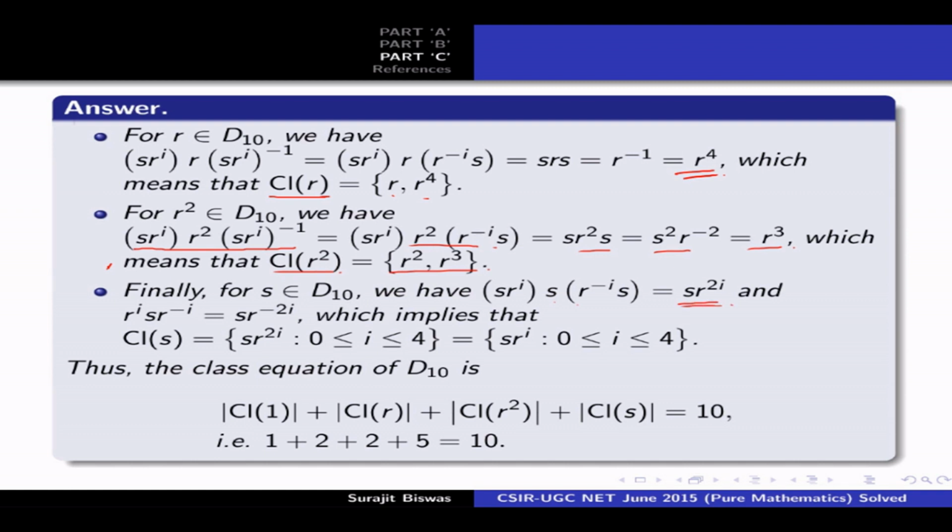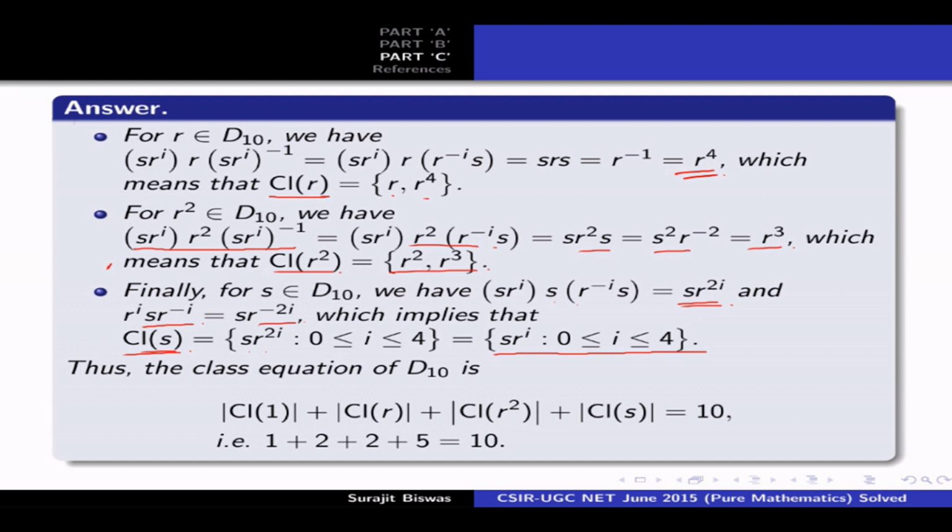And similarly for r to the power i times s times r to the power minus i equal to sr to the power minus 2i, which implies that the conjugacy class of s is equal to sr to the power 2i for i varying between 0 and 4, and this is equal to sr to the power i, 0 less than or equal to i less than or equal to 4. These are all the conjugacy classes in D10.